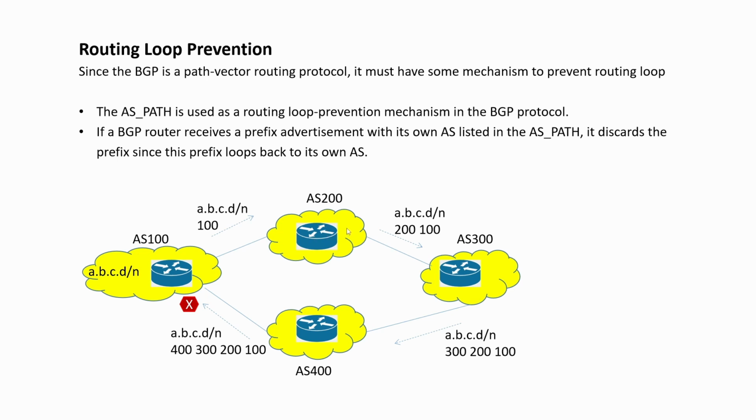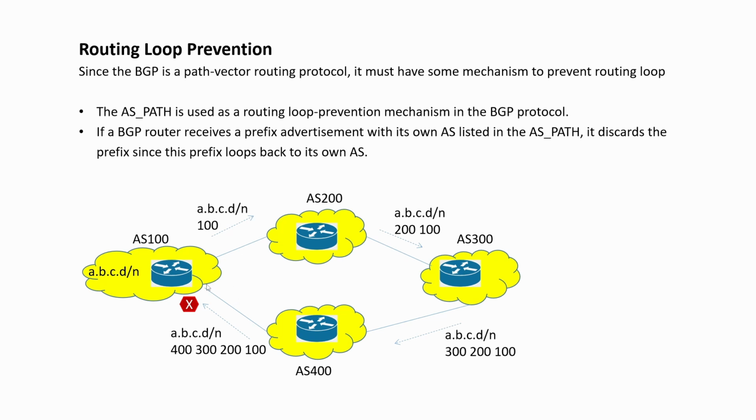For instance, assume you are on a computer in AS200. We want to send traffic to the prefix A.B.C.D. So AS200 will send the traffic to AS100.